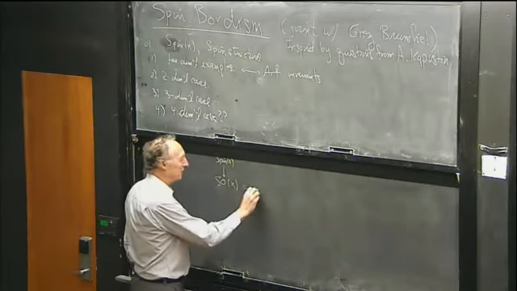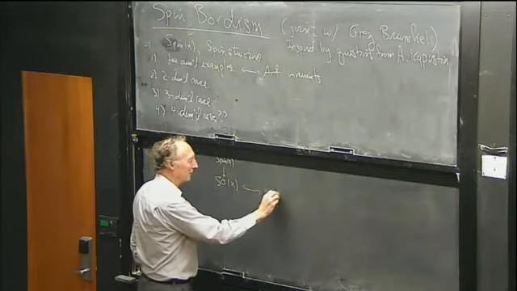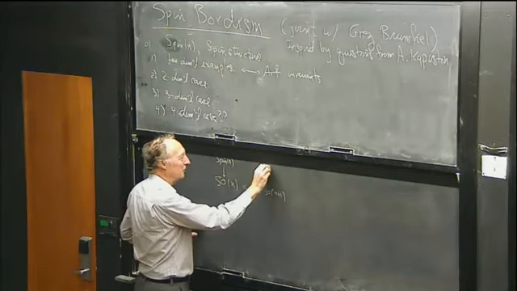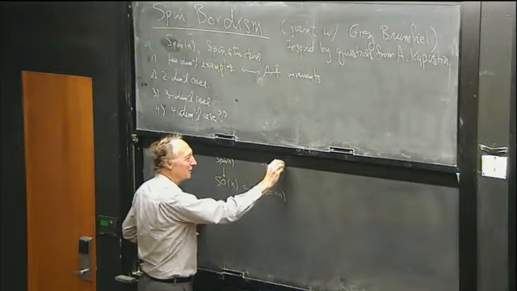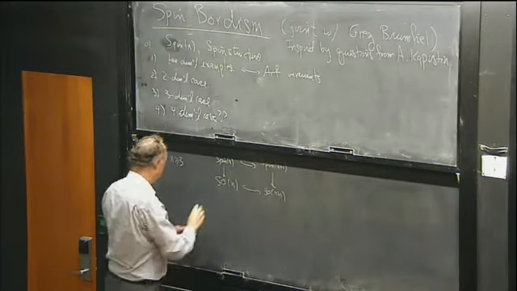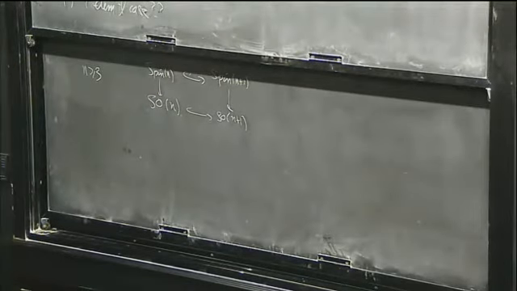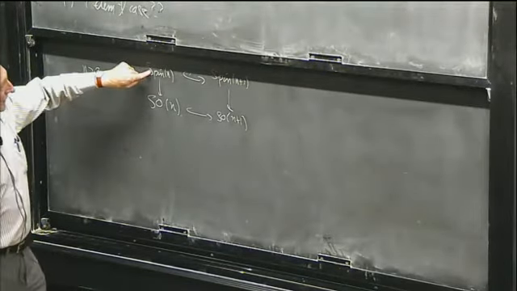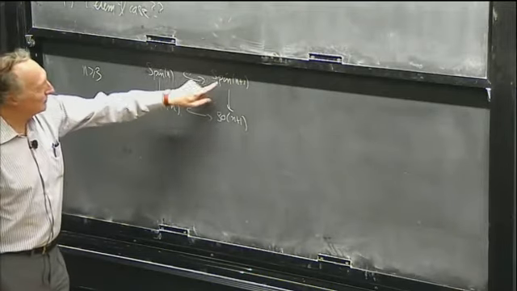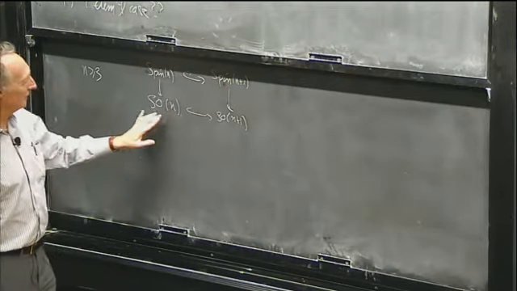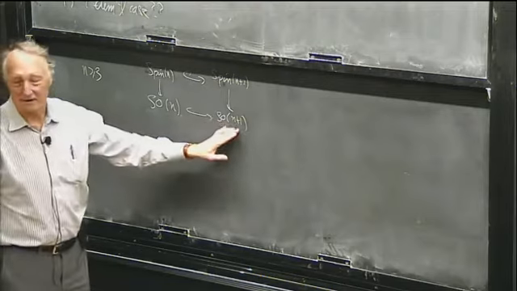The inclusion of SO(n) in SO(n+1) induces an isomorphism of fundamental groups, and therefore lifts to a nice commutative diagram of groups. And Spin(n) is the pre-image in Spin(n+1) of the subgroup SO(n) in SO(n+1).